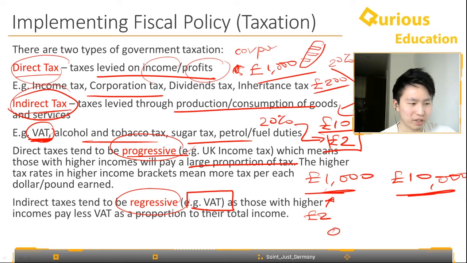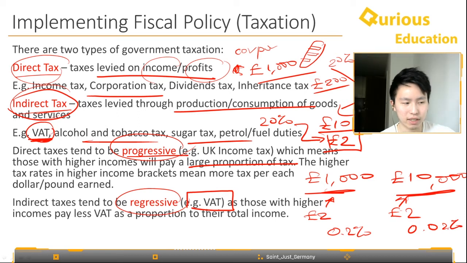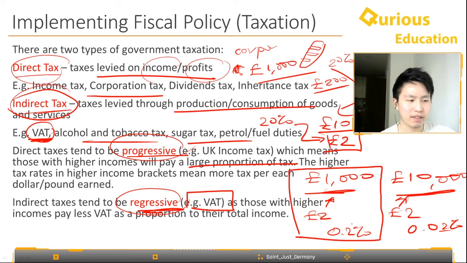The poorer family is paying £2 out of their £1,000, right? So in percentage terms, this is like 0.2%. But you can see the richer family is also paying £2. So in percentage terms, it's only 0.02% of their incomes.